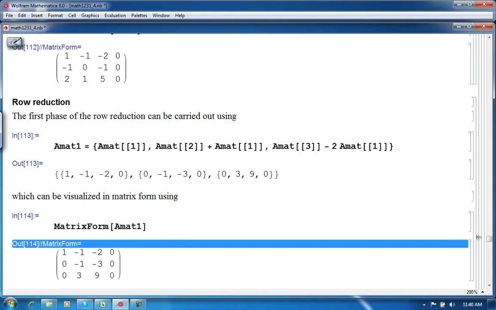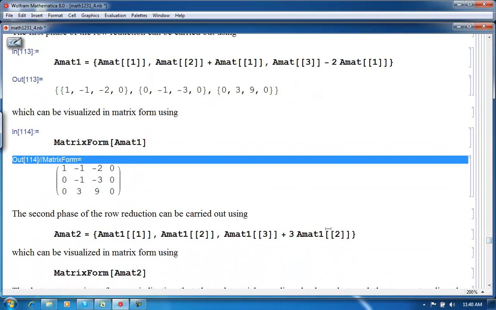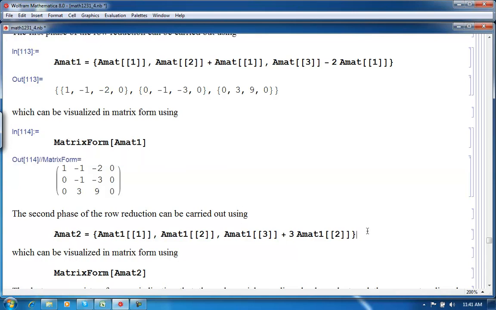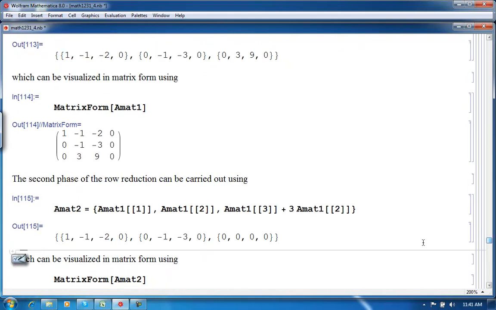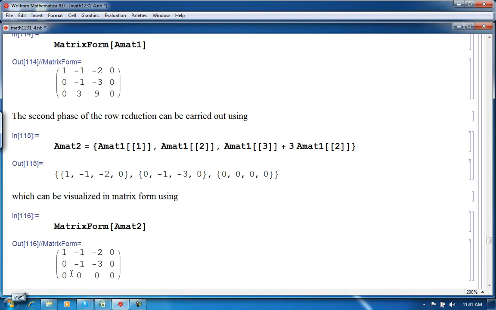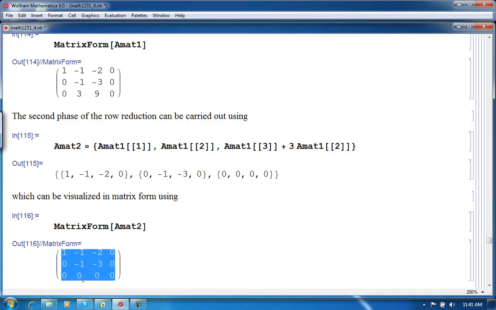Well, now we want to go on and do the same thing with the next phase of the row reduction. So we want to add 3 times the second row to the third row, leaving the first 2 rows unchanged. And we get that. And we can view the matrix using that, and we can see that the bottom line is all zeros.